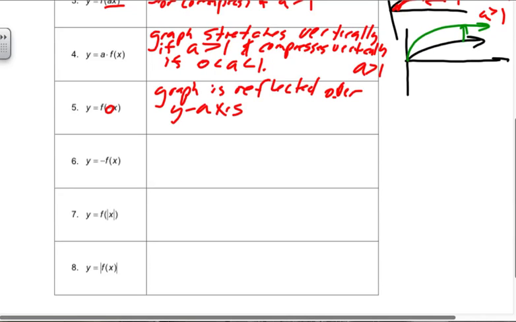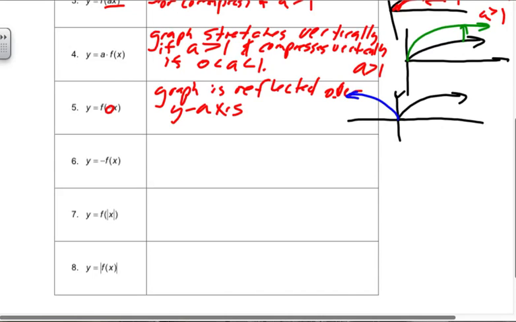And again, we stick with our parent here, all right? But because it's inside and I'm reflecting over this guy right here, my new guy is going to look like this. I've reflected it over the y-axis.